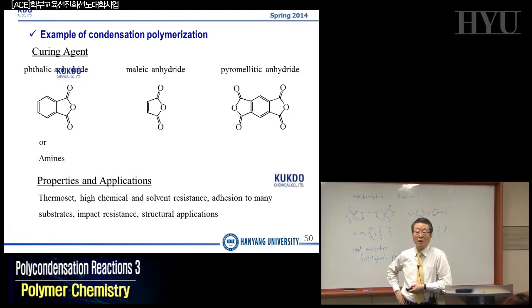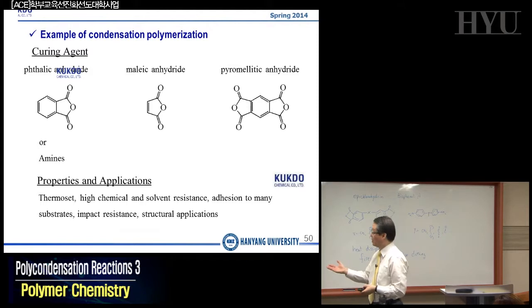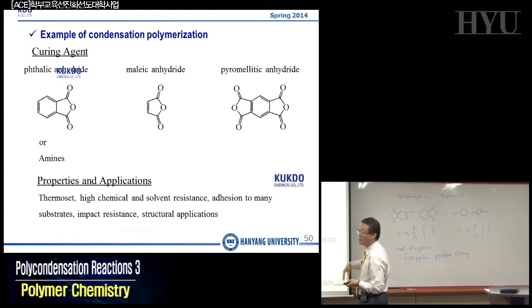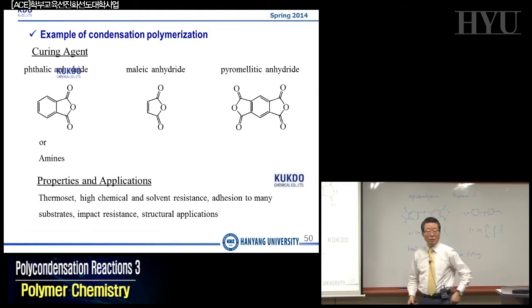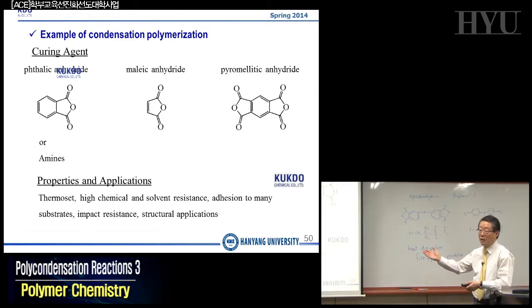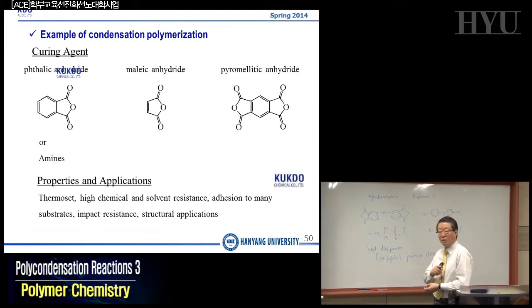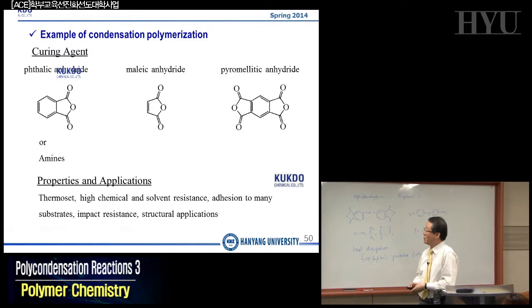They are a worldwide and global company. I think although it's small, they export a lot of these epoxies to the U.S. And when I was working at 3M in the U.S., I think we bought this epoxy from Kukdo. Okay? So Kukdo Chemical Company is producing this epoxy anyway.